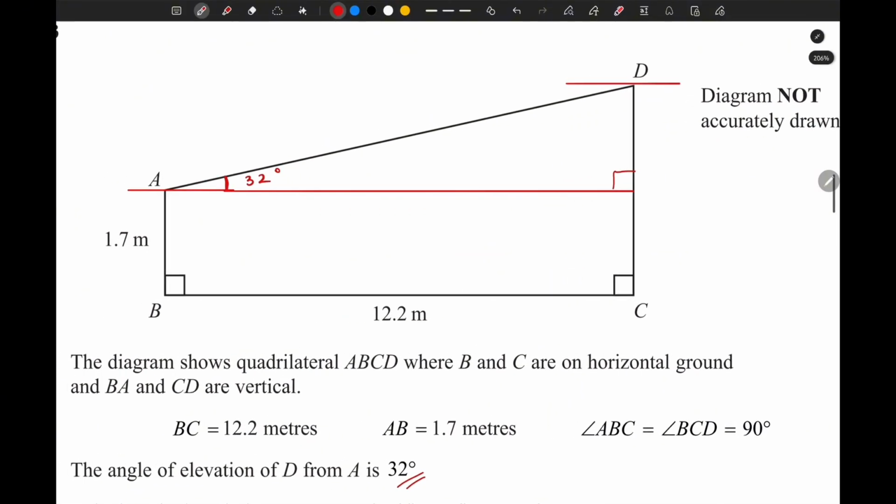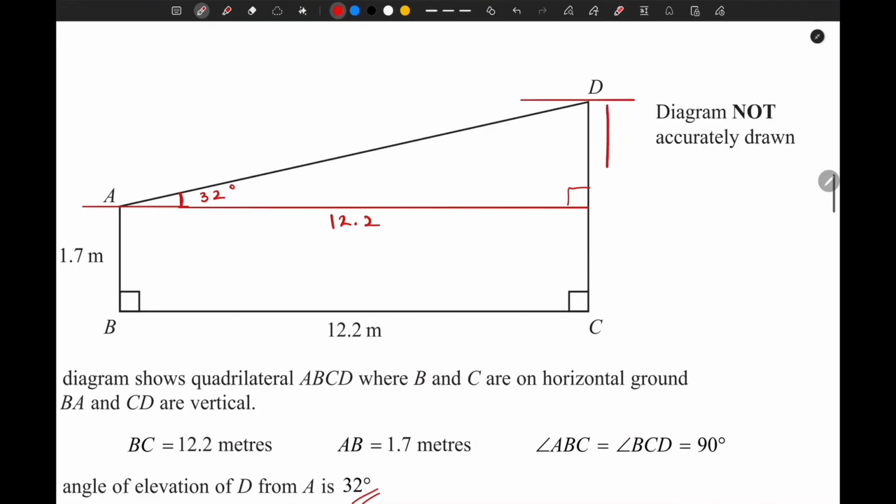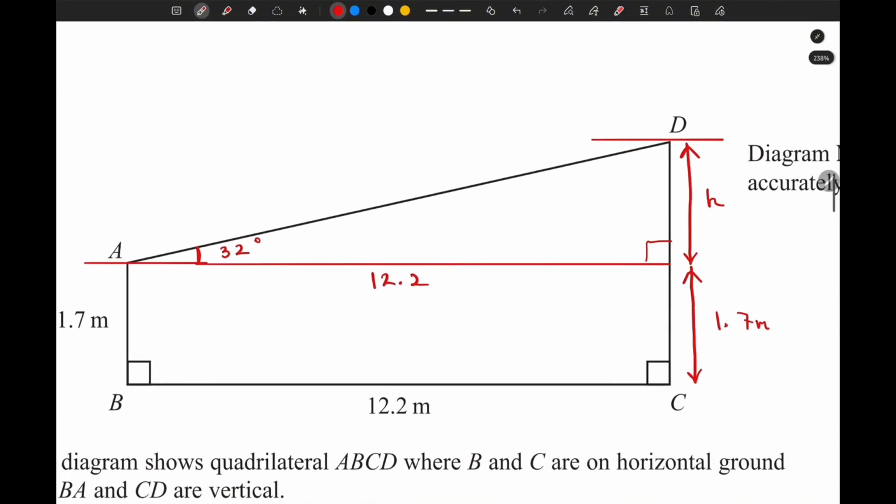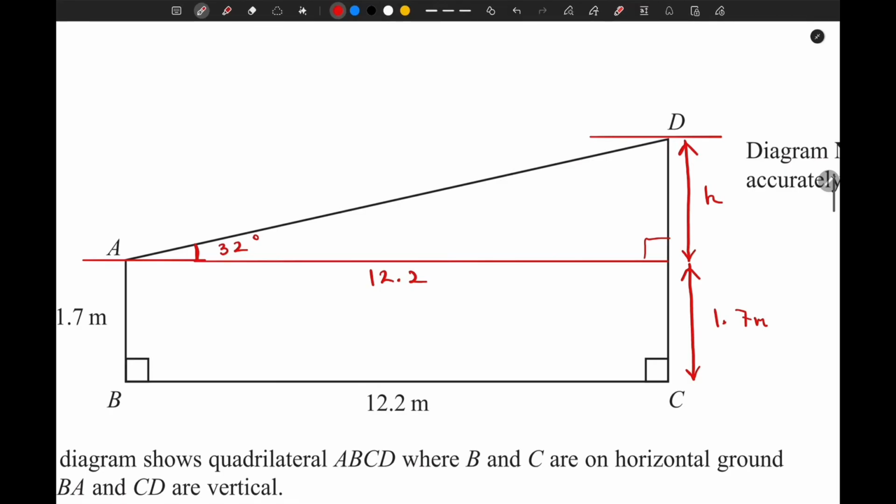Now we just need to find the length of CD. Okay, we know that this is 12.2 meters. We can calculate this length. We also know that the length of this is 1.7 meters. Now we just need to find out this length. Let's call this length H. So we know that tan 32 is equal to opposite divided by the adjacent.